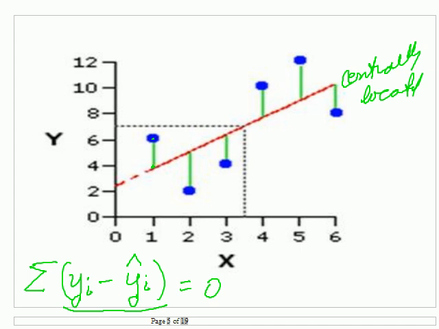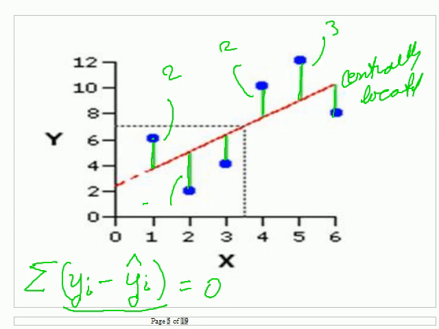This means that if you add up all of these positive residuals, they are balanced out, so to speak, by all the negative residuals. So let's say, for example, the residual here is 2, and this is 3.